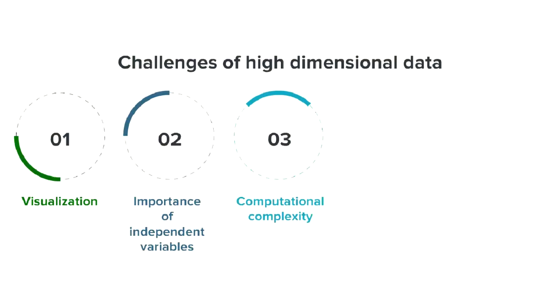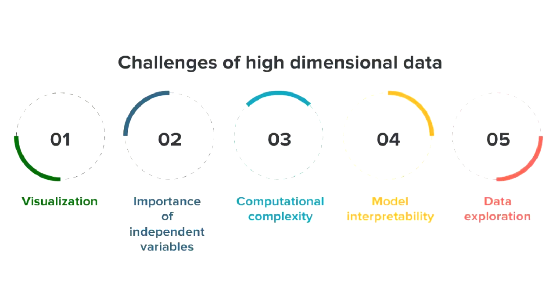Moreover, the computational requirements will also increase as the number of independent variables increases, and hence there will be an increase in the computation time. Next, while dealing with high dimensional data, the model will try to learn from all the variables, even the irrelevant ones, and hence we will have a complex model and interpretability will be hard. Finally, data exploration also becomes difficult when we have more dimensions.